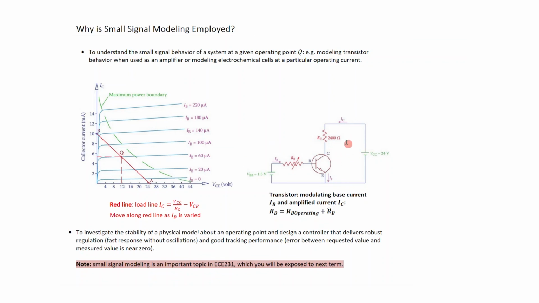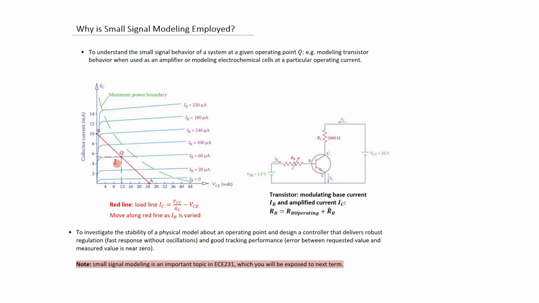Also, what I can do is write an equation involving the outer loop, so the collector emitter voltage, the voltage drop here, and the supply voltage. If I write this out, this becomes a linear equation, and that's the line that I see here. So these blue curves relate to the operation of the transistor, and this red line we call the load curve.